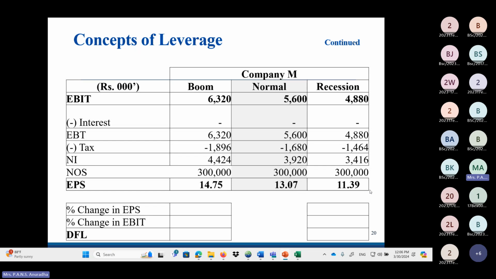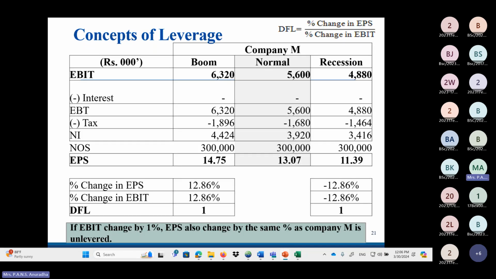So now you can calculate degree of financial leverage. Degree of financial leverage you can calculate as percentage change in earning per share divided by percentage change in EBIT. So percentage change in earning per share from here to here, you can calculate using this formula, 14.75 minus 13.07 divided by 13.07 into 100.